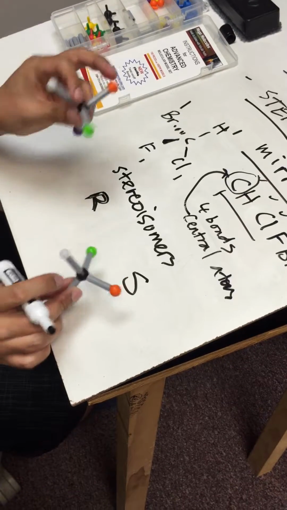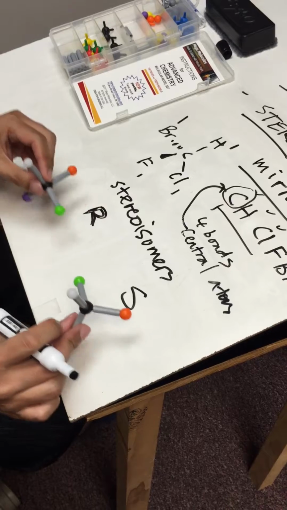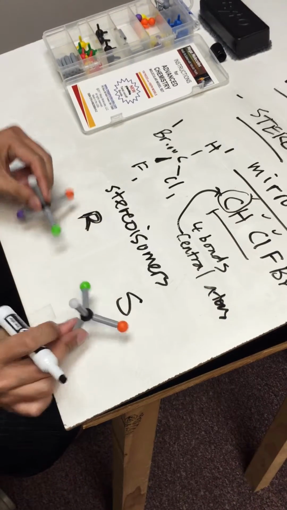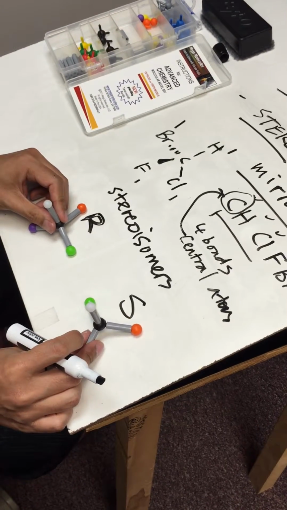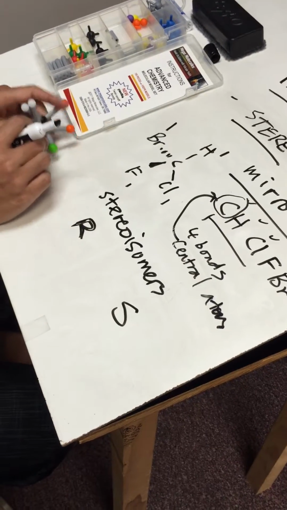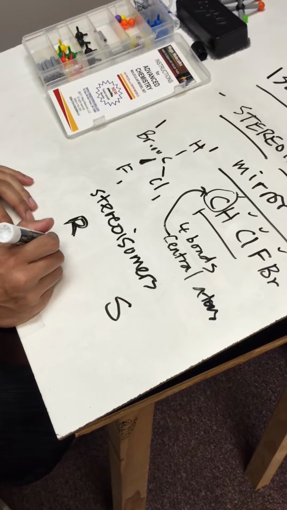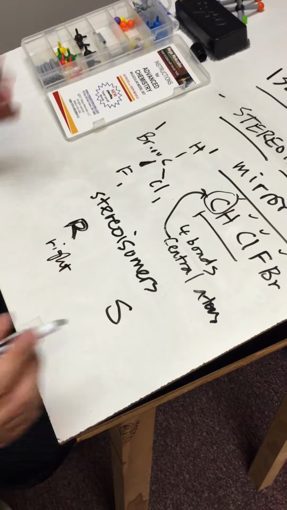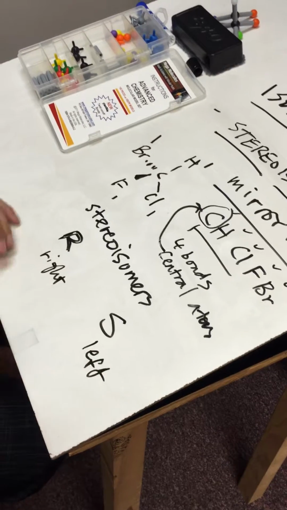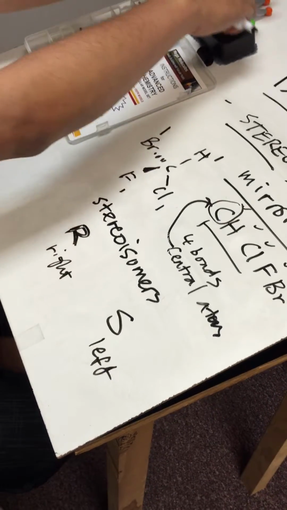You don't need to know exactly which one is R and which one is S. As long as you know that one of them has to be R, and the mirror image is going to be the S isomer. The reason that we use R and S is because one of them is the right hand, the other one is the left hand. One of them is R, the other one is called S.